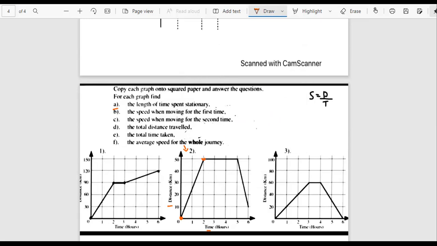Now, obviously, the speed cannot be negative. Okay. This is 25. Okay. Now, if you think about the distance time graph, what do you get for this one? It would be 40.